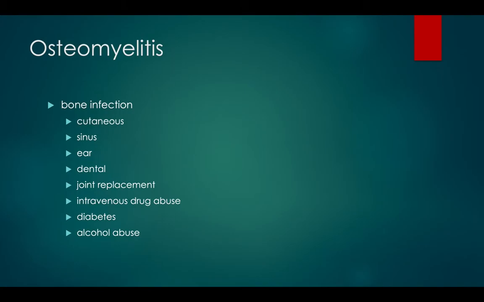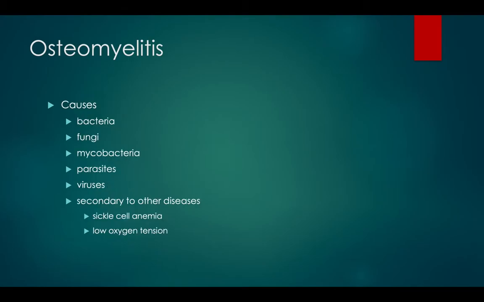So there's many different ways that the infection initially gets into the bone. It can be from disruptions of the skin or cuts on the skin. It can be from the sinuses, ear infections, dental procedures, joint replacements, intravenous drug use, diabetes, alcohol abuse, and so on and so forth. Osteomyelitis can be from bacteria, it can be from fungi, mycobacteria, parasites, viruses.